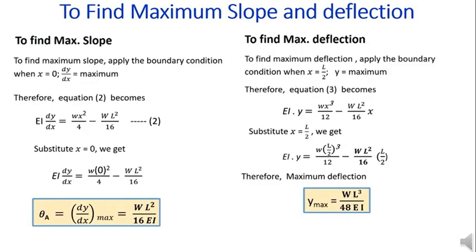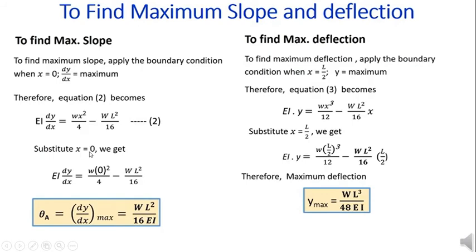So we have to find the maximum slope and deflection. First of all, we find the maximum slope. Apply the boundary condition: when x equal to 0, dy by dx is maximum. Therefore equation 2 becomes EI dy by dx equal to Wx square divided by 4 minus WL square divided by 16.